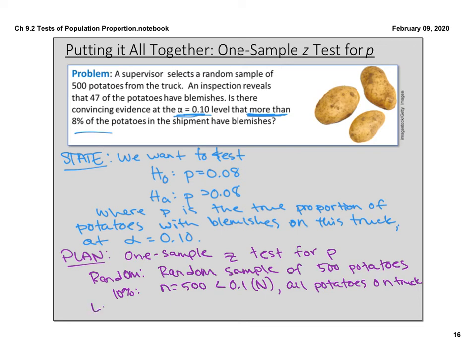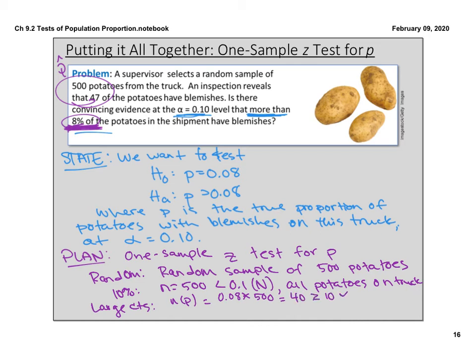And then large counts. So here's where we have n times p. And remember, you're always using the p sub 0 value. You're not using your p hat. We haven't even calculated p hat yet. For our conditions, we want to use the p value. So n times p is 0.08 times 500, which gives me 40, which is greater than or equal to 10.